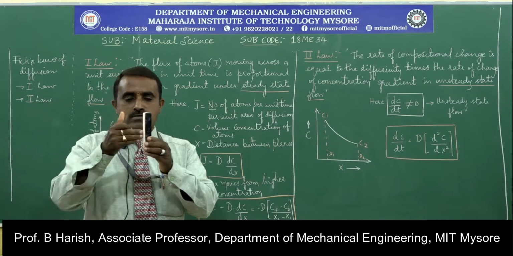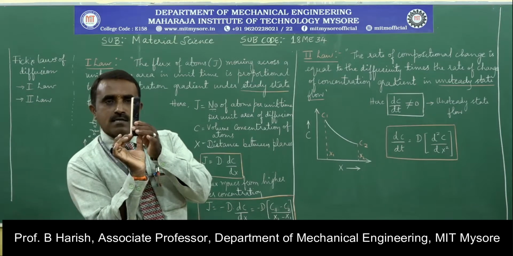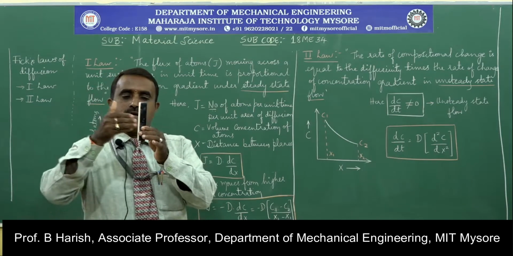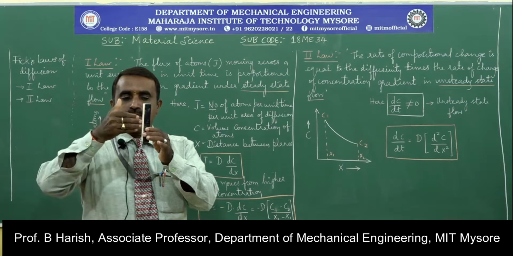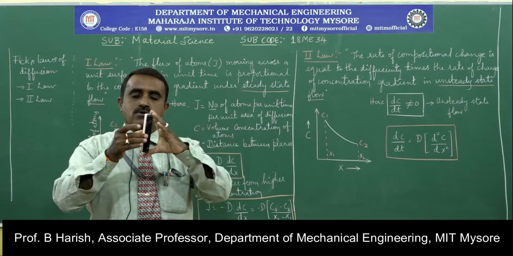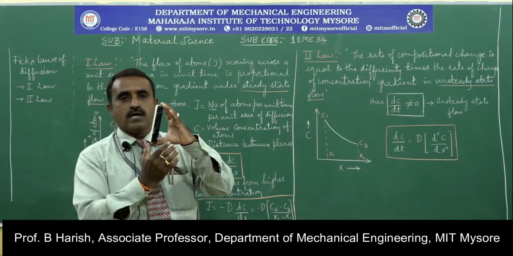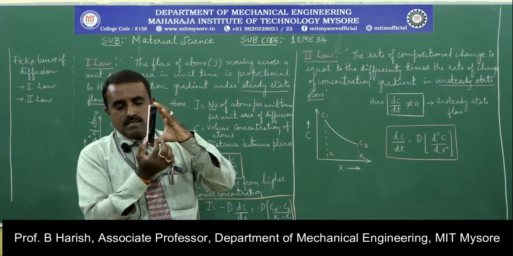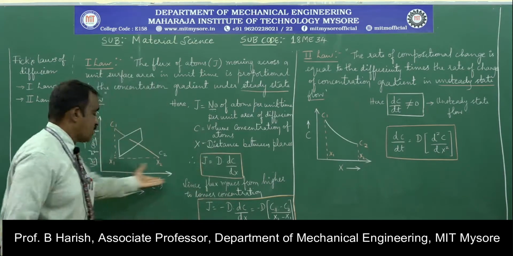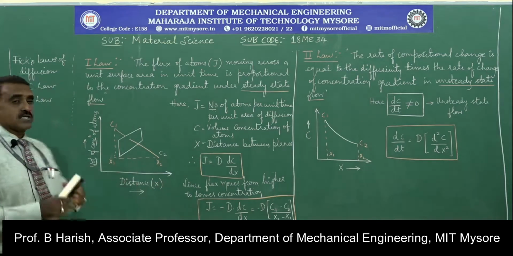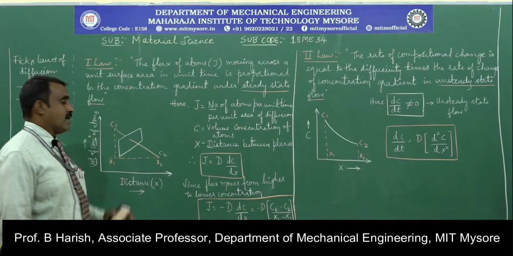As atoms move across, this is the distance x. The atoms start diffusing from this end and come out at the other, so that is the amount of diffusion of atoms. The distance x is represented on the x-axis and the concentration of atoms moving on the y-axis.